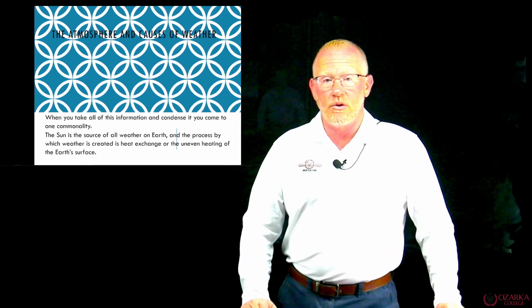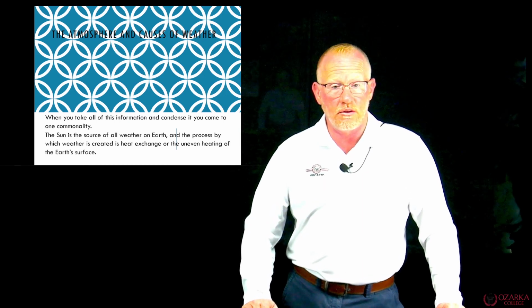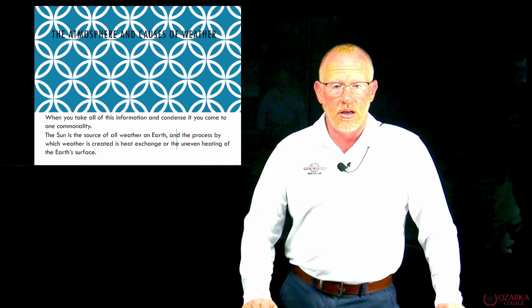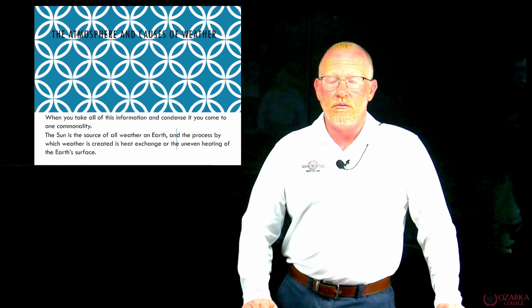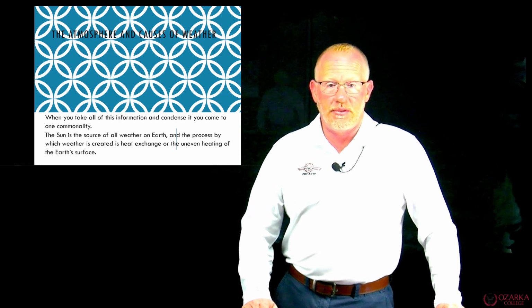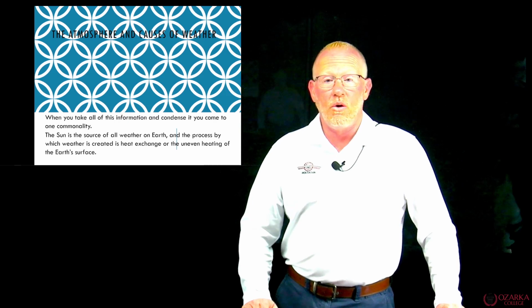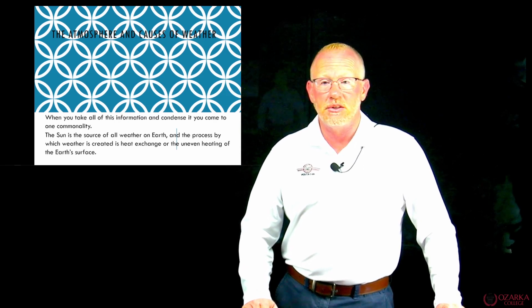So if you see a question on a quiz or an exam that says, what is the source of all the weather on Earth? It's the sun. And if you see a question that says, by what process does Earth's weather occur? It's heat exchange, or the uneven heating of the Earth's surface. All right?